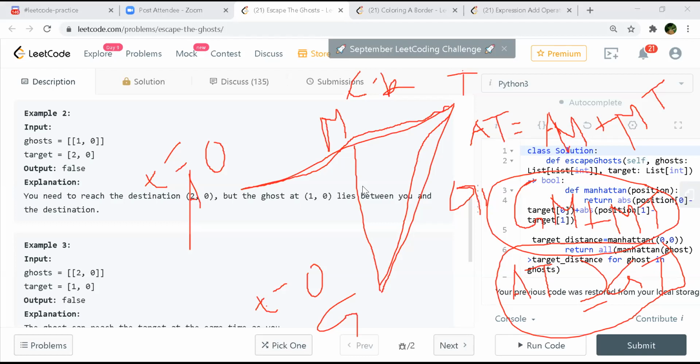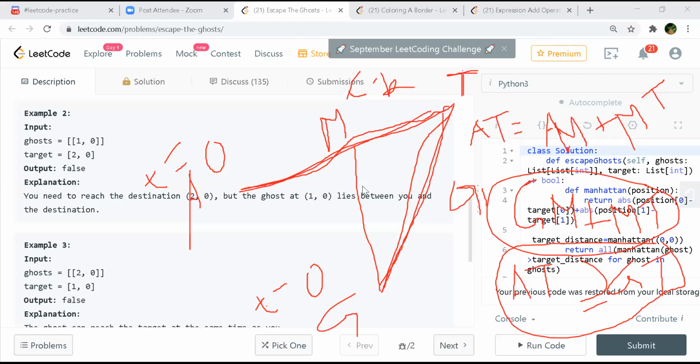But how did you trace this path as a triangle? What else would it be? This would be a straight line, otherwise it would be a quadrilateral. This is the common point, where they would intersect at the target. So he's trying to prove that both the ghost and the person would move in this direction only.